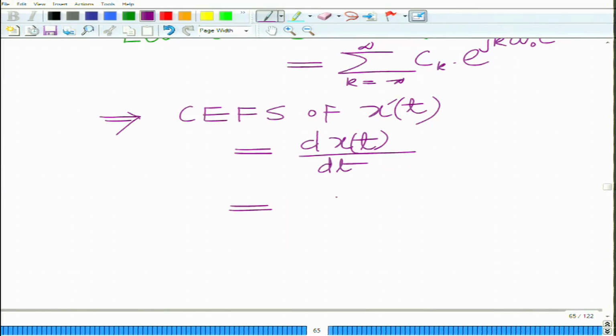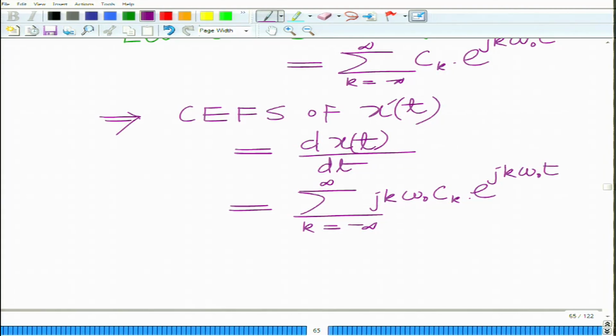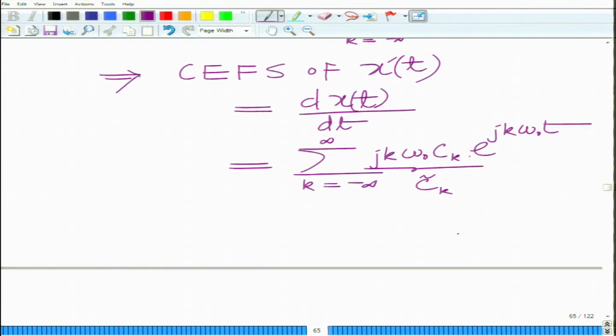If you differentiate this, you have summation k equals minus infinity to infinity, j k omega naught c k e raised to j k omega naught t, and this is basically your c tilde k. You can call this the coefficients of the complex Fourier series, c tilde k.